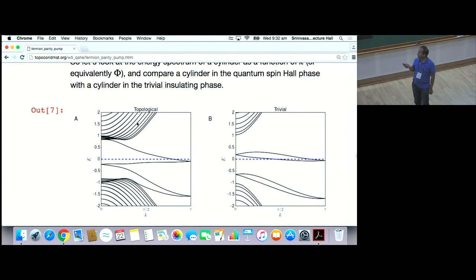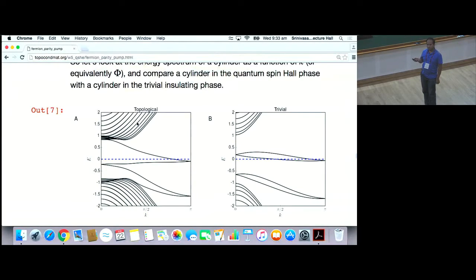So this is one edge state, and it crossed the Fermi level once. No, so yeah, that's a good point. You see, at a finite k, you have a flux, and that flux is breaking time reversal symmetry. So you have lost your Kramers degeneracy. No Kramers degeneracy. Good point.